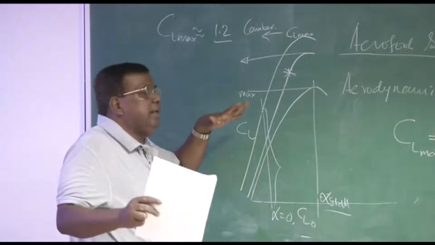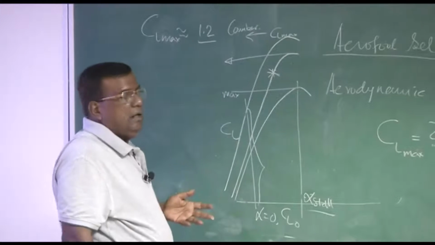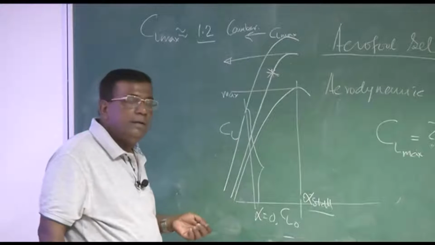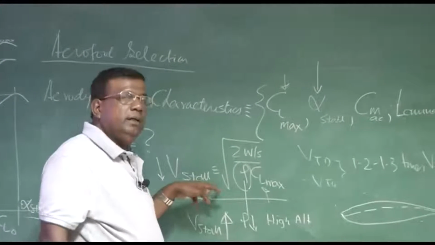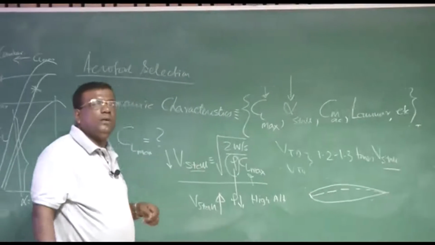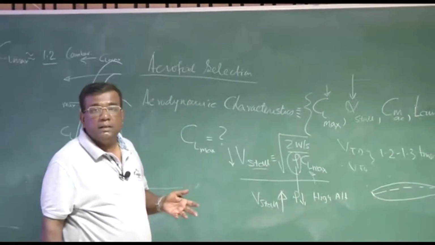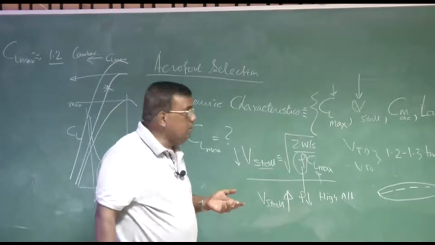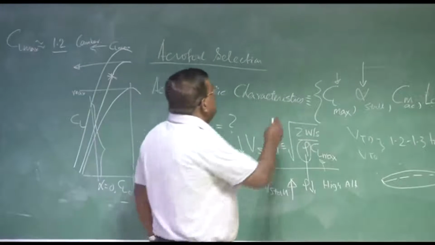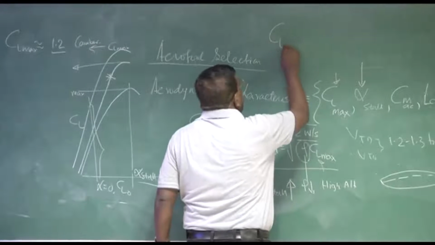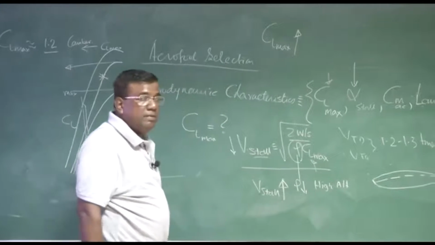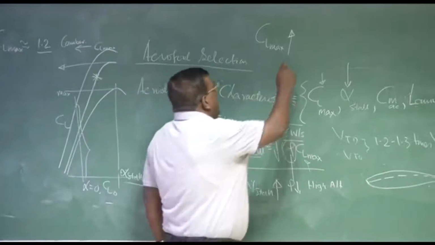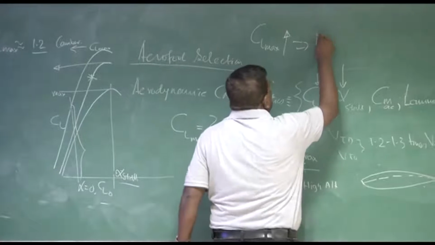So you say, okay, at the most I can get CLmax around 1.4 or 1.5, but from the Vstall requirement during takeoff and landing, you will be happier if CLmax is around 2 or 2.5 or 3. Then what do we do? I increase CLmax not only through the aerofoil, which is already designed, so I use high lift devices.